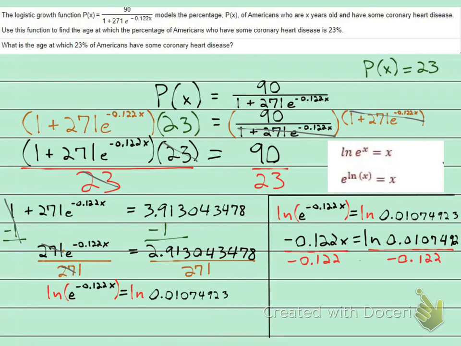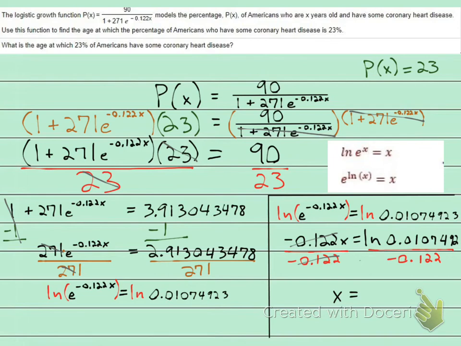All right, and then it is a calculator problem. This and this reduces, giving me x by itself. So x equals the natural log of that decimal divided by negative 0.122. So let me get my calculator. ln, natural log of 0.0107492, close parentheses, and I'm going to hit equals.